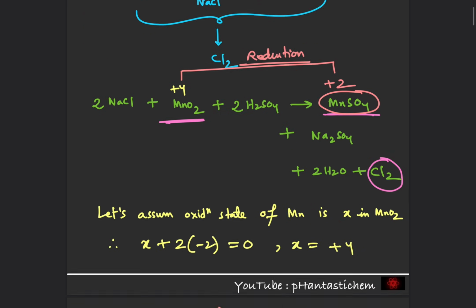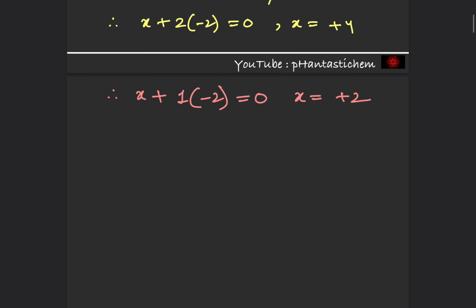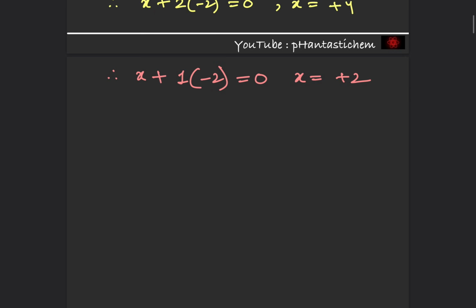Now coming to statement 2. To make iodine, we can use a similar method, that is react sodium iodide, which is NaI, with concentrated H2SO4 and manganese dioxide, which is MnO2.